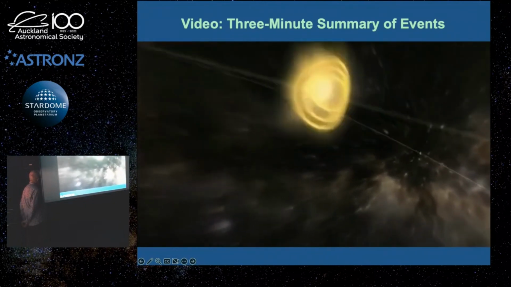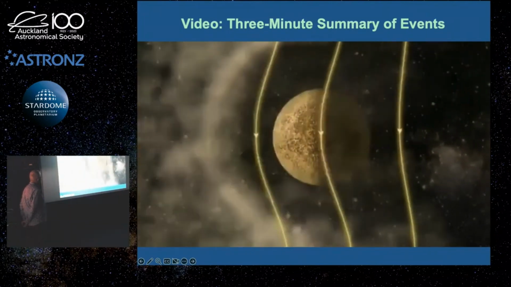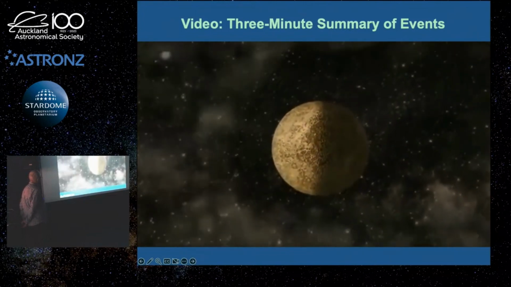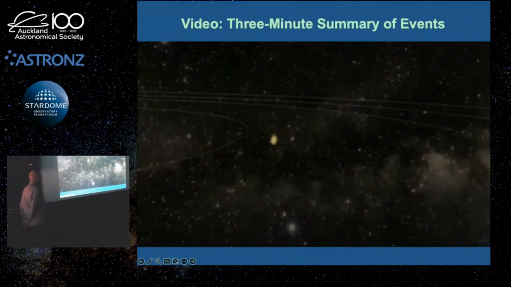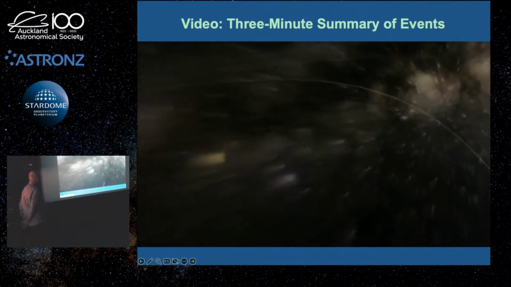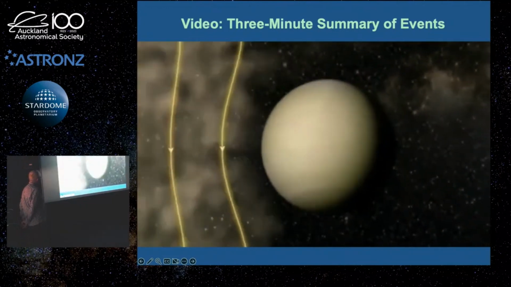After 6 hours, it blows past the planet Mercury. After 12 hours, the planet Venus.